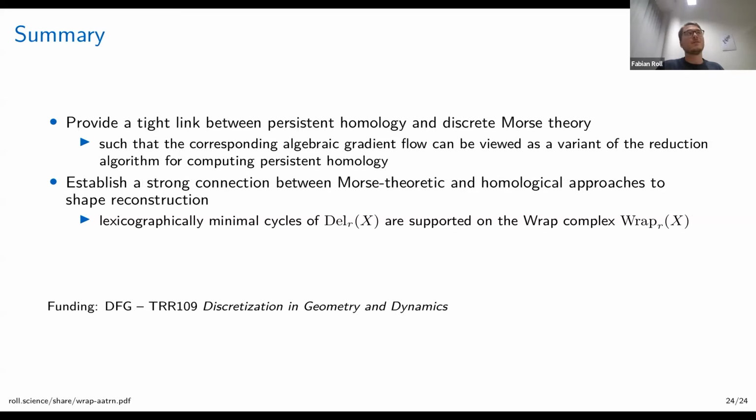It's just not the most persistent feature anymore, but maybe they are among the first 20 most persistent features. And the procedure didn't work, but it seems like you can still use information you gain from persistence to reconstruct the shape as a whole. But this is still an idea we're about to pursue.